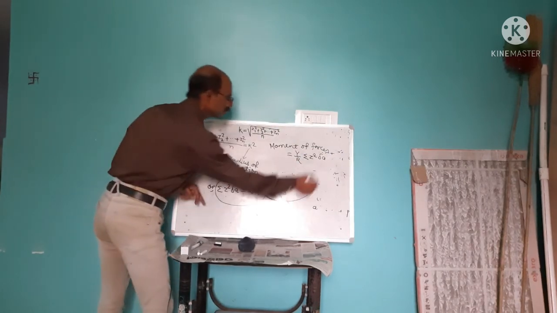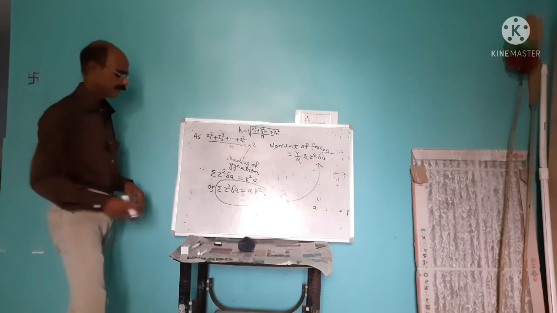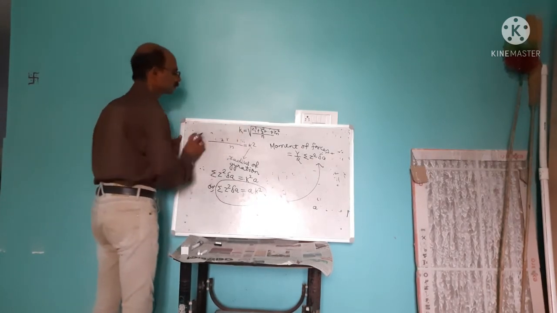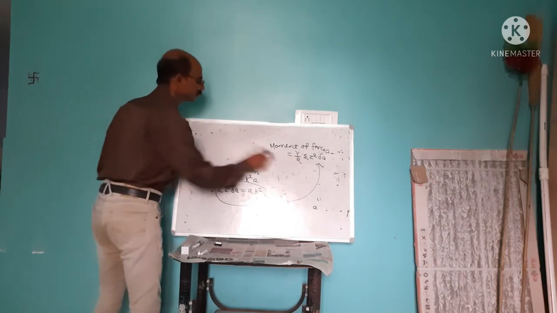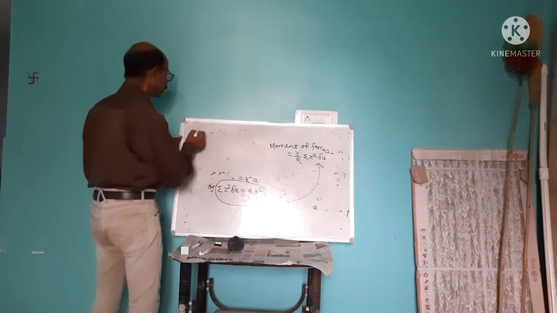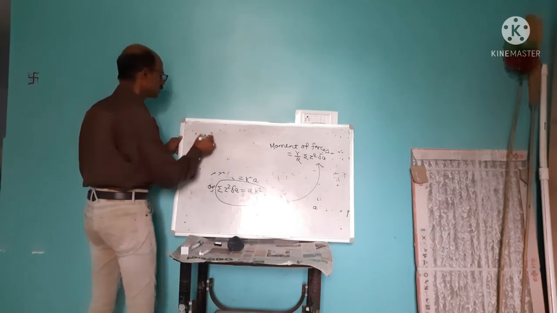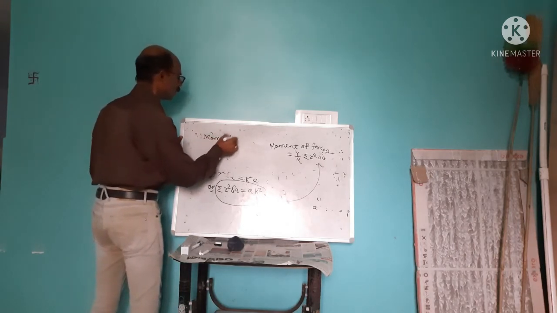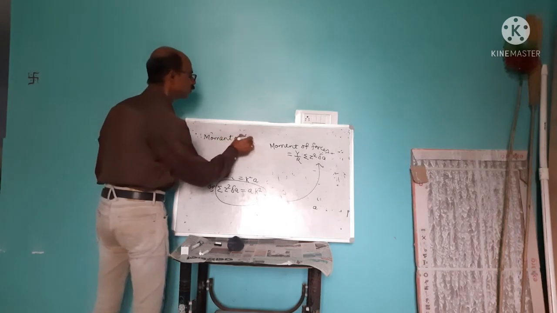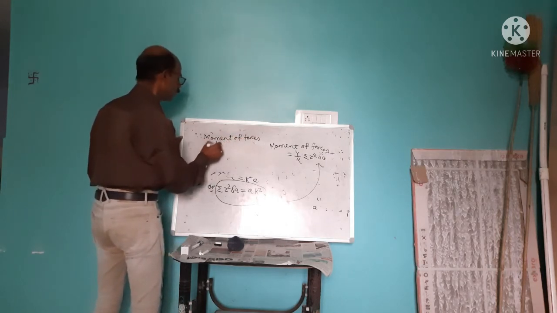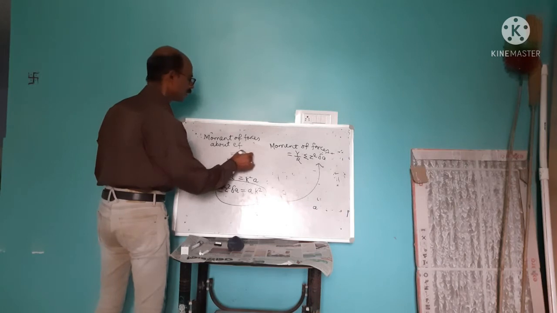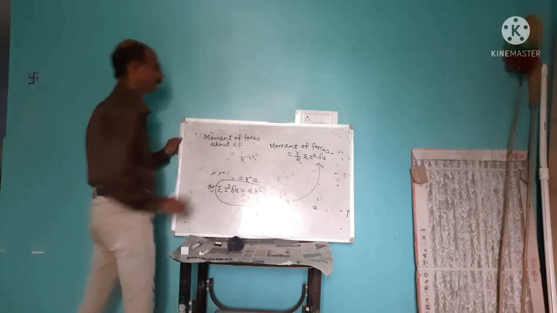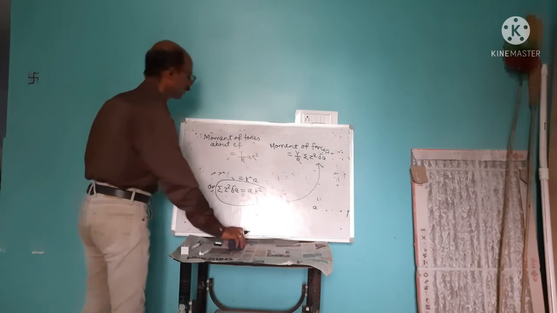Now put this here, then what will it give? It will give moment of forces about EF is equal to Y by R into A k square.